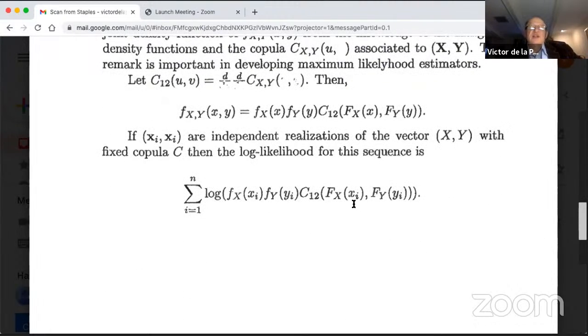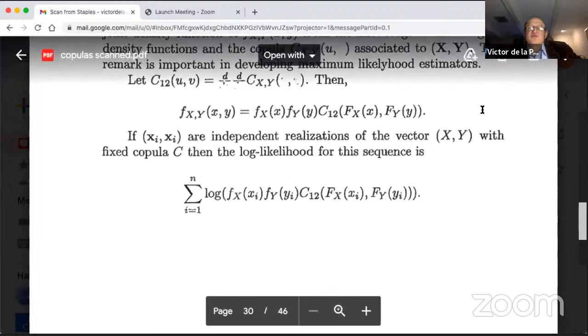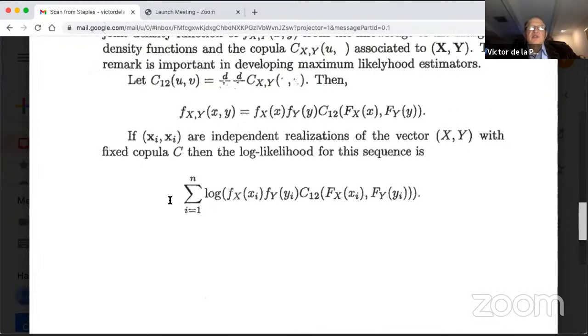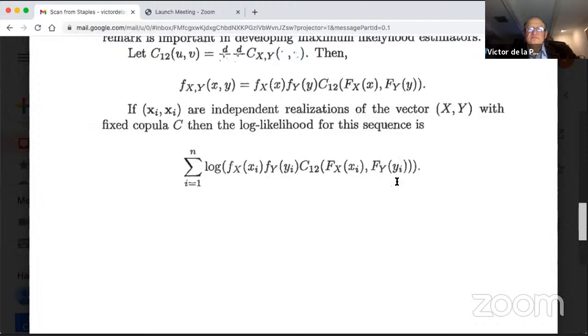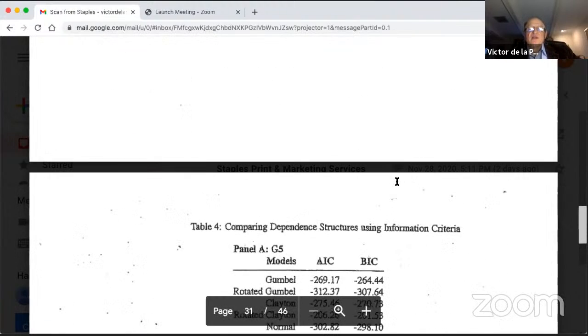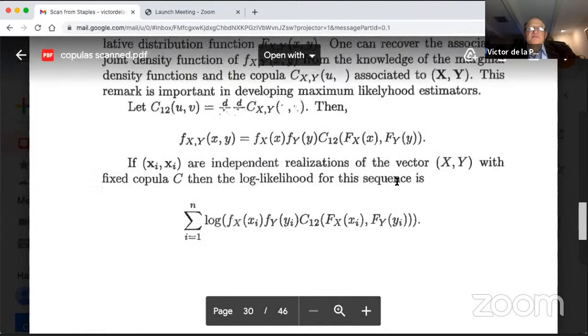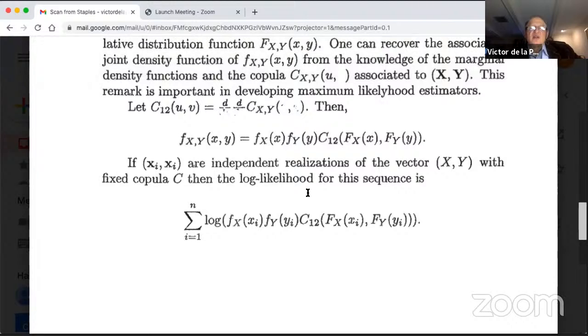Then you take a sequence of x_i, y_i, independent realizations of the vector (X, Y) with copula C, and you take the log of the joint density. This log separates into three parts: the log of f of x, plus the log of f of y, plus the log of the copula density c_12.